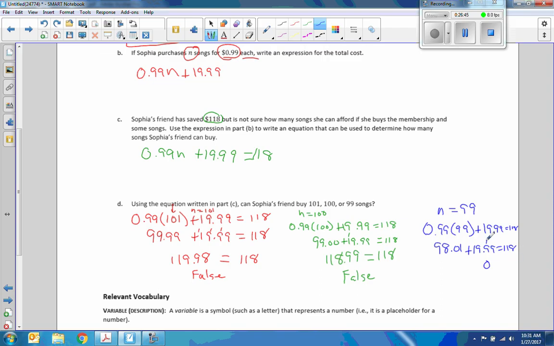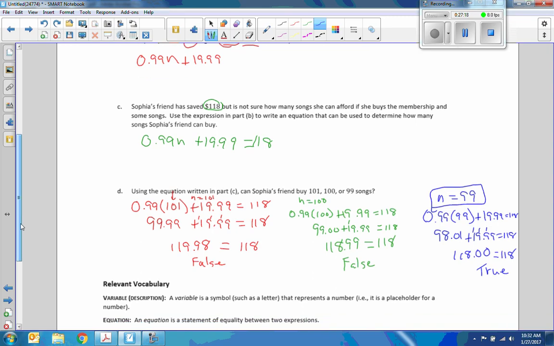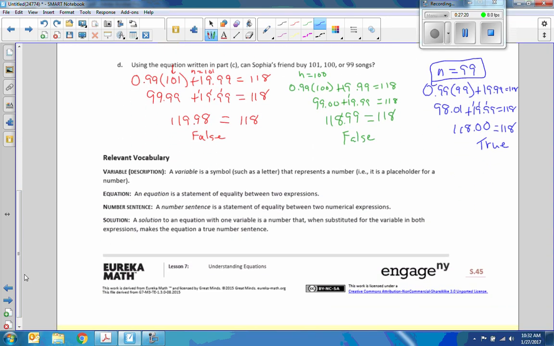Carry the 1. 9 plus 1 is 10 plus 0 is 10, carry the 1. 9 plus 1 is 10 plus 8 is 18. Carry the 1. 2 plus 9 is 11. 118 equals 118. That is true. She can buy 99 songs. So if there were 10 songs per album, she could buy 9 albums. Or if there are 11 songs per album, she could buy 9 albums. CDs or whatever.